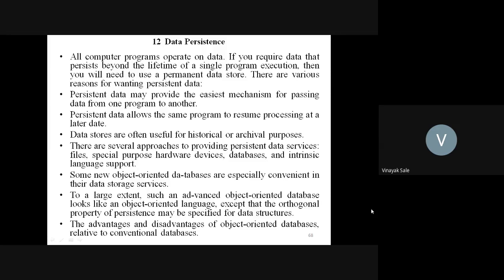There are several approaches to provide persistent data services: files, special purpose hardware devices, databases, and intrinsic language support. Some new object-oriented databases are especially convenient in their data storage services.